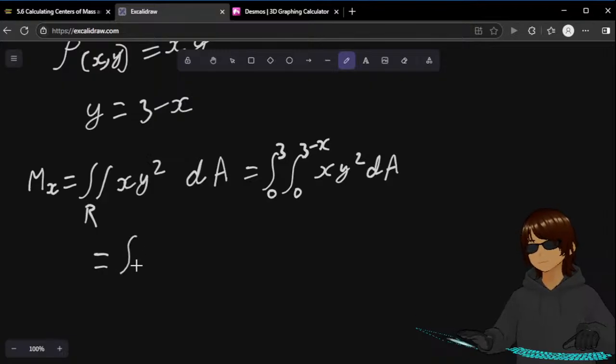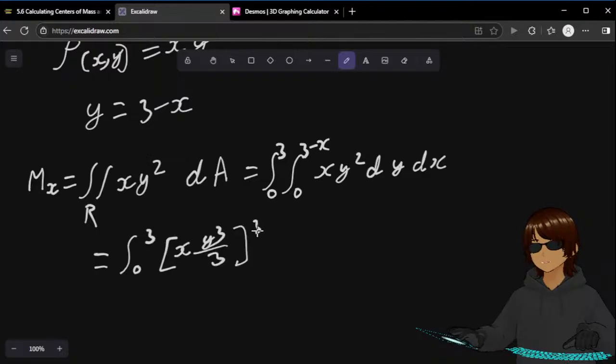Then we have, first we integrate with respect to y, then x. So first we have x cubed over 3, from 0 to 3 minus x.